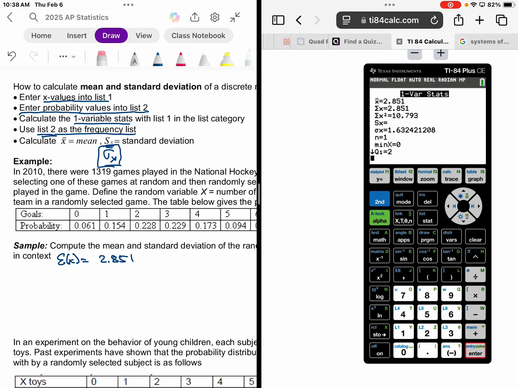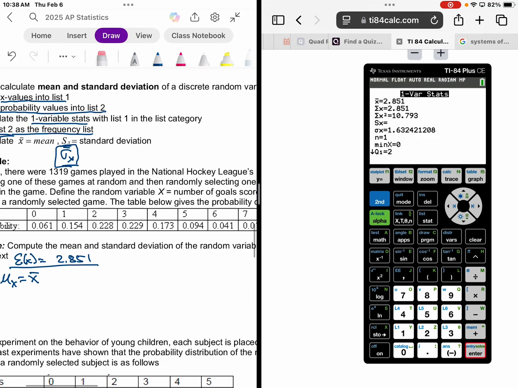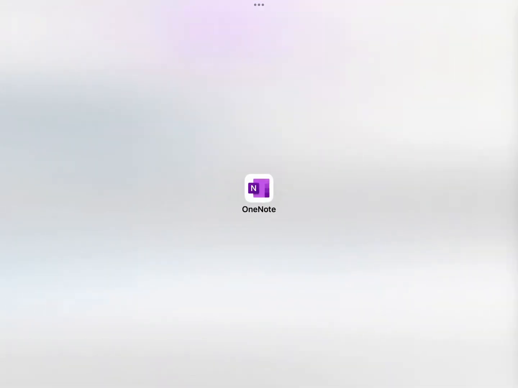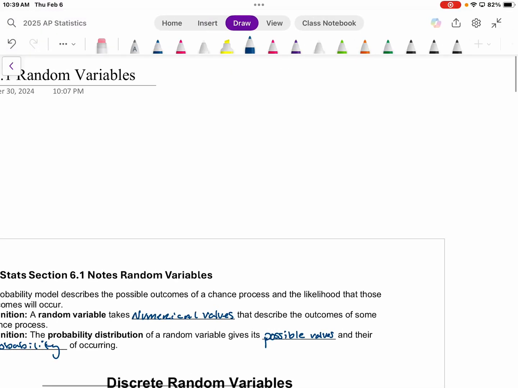We know they all mean the same: E of X is equal to mu X, which is equal to X bar, but we make sure we highlight that the expected value is that. My standard deviation is 1.6324.